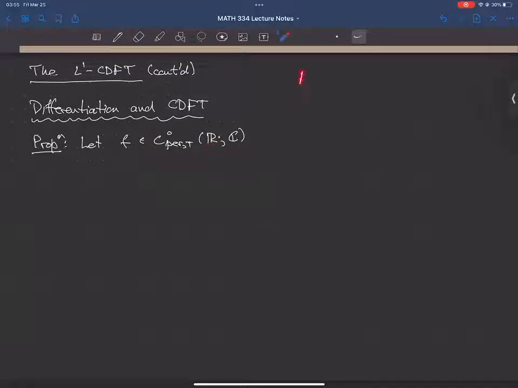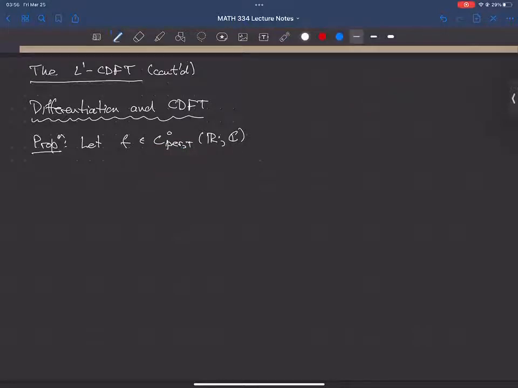So this means that from 0 to T, the value of f at 0 and T has to be the same because it needs to be periodic. So I can't have something that looks like that, right? The values at 0 and T have to line up. Okay, so this means periodic on the whole real line.